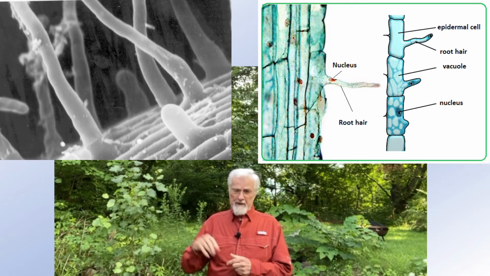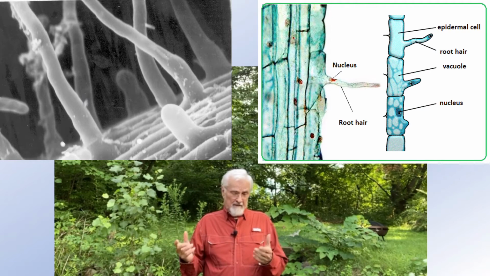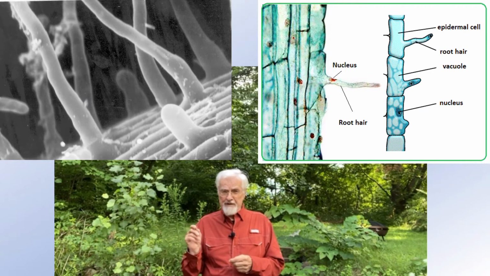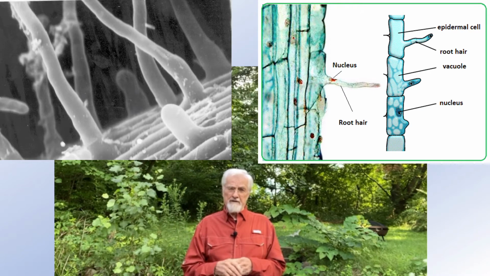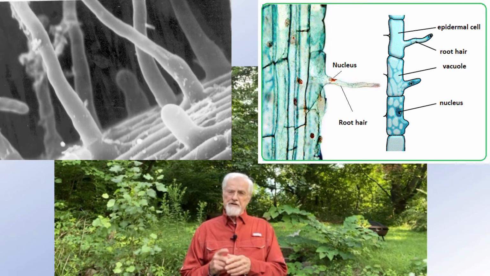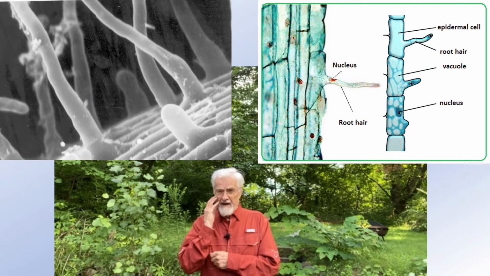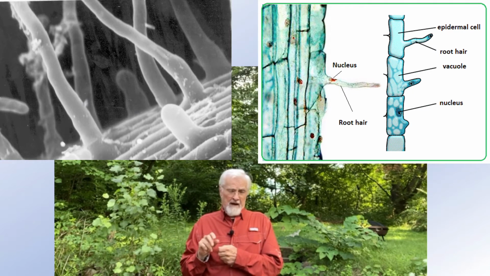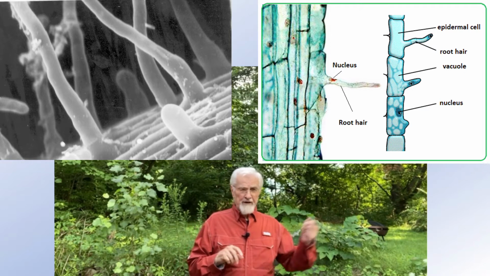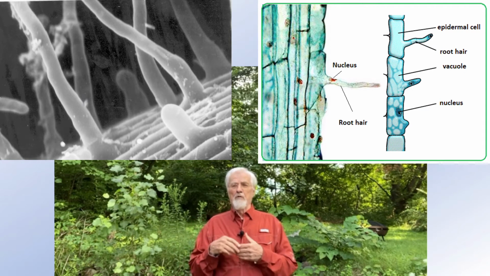Here you have a photomicrograph of a fine root, and you can see sticking out of the fine root are these little finger projections. These are actually evaginations of individual epidermal cells. These are root hairs. Okay. Here you see it more diagrammatically, so you can actually see what it looks like.